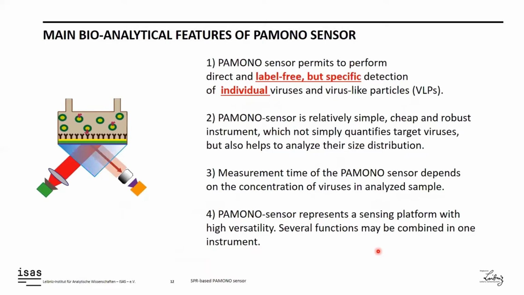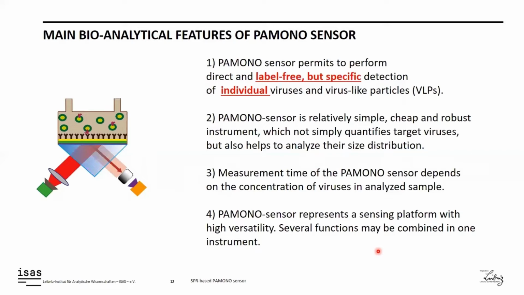The measurement time of the PAMONO-sensor, and this is important, depends on the concentration of viruses in analyzed samples. So if you have a very concentrated sample, particles will diffuse to the sensor surface relatively fast. And if the concentration is rather low, it will take longer to detect particles in the analyzed sample.